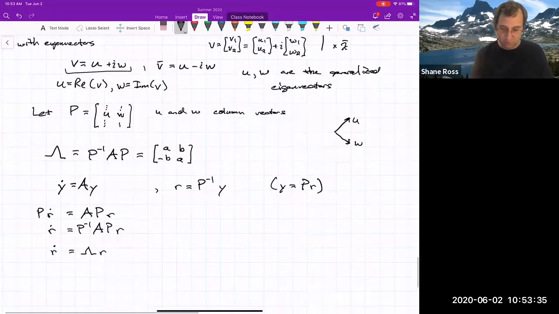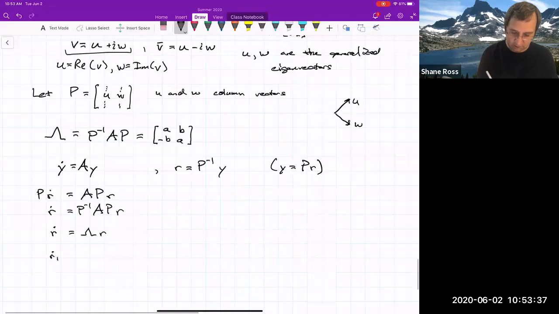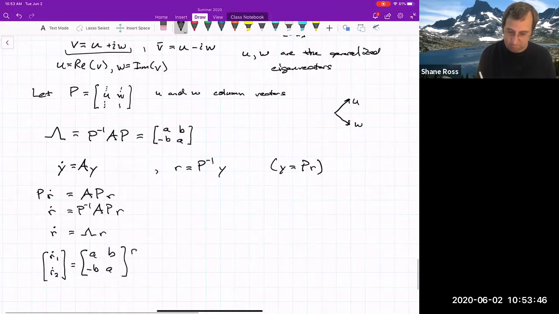So in the new set of coordinates, R1 dot, R2 dot equals the matrix a, b, minus b, a times R1, R2.